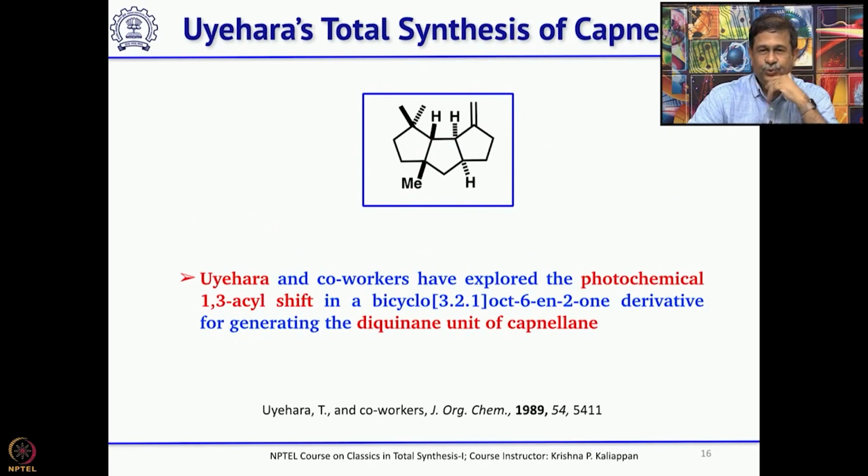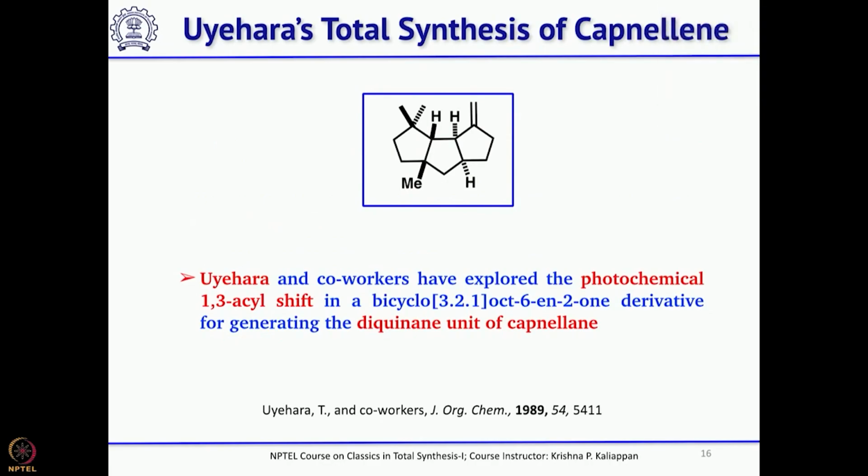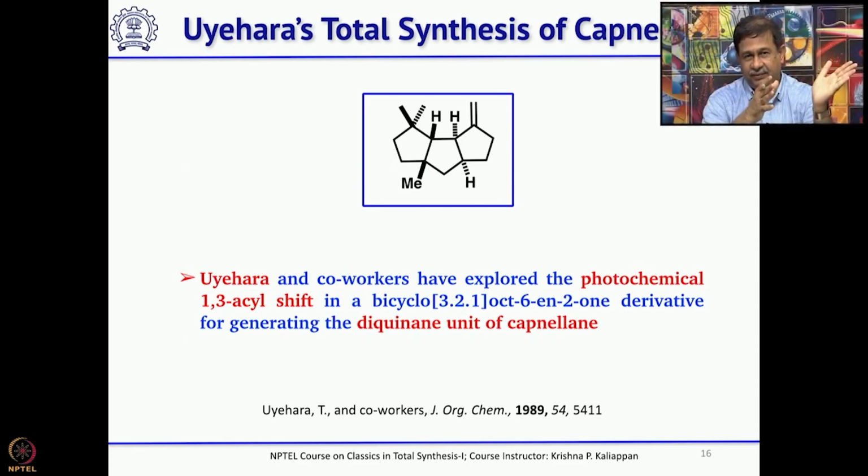So, now we will move to another very short total synthesis reported by Uehara. Here again, as I said, we will be discussing only the photochemical reaction which has been used as the key reaction in the synthesis of triquinanes. And what he has used in this particular synthesis is photochemical 1,3 acyl shift.